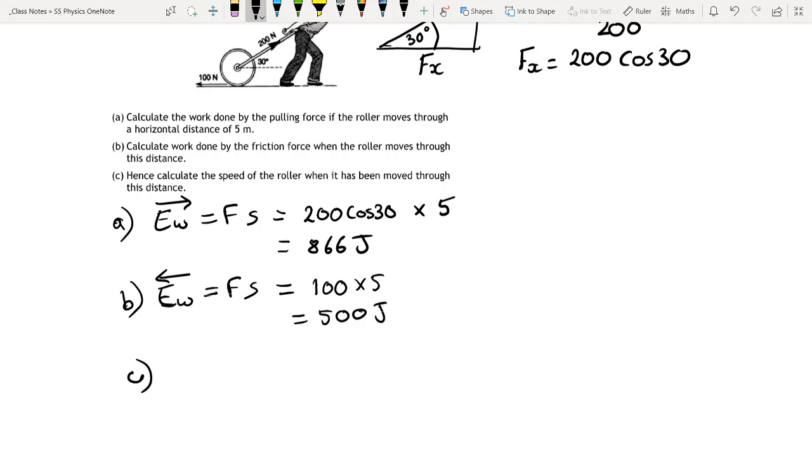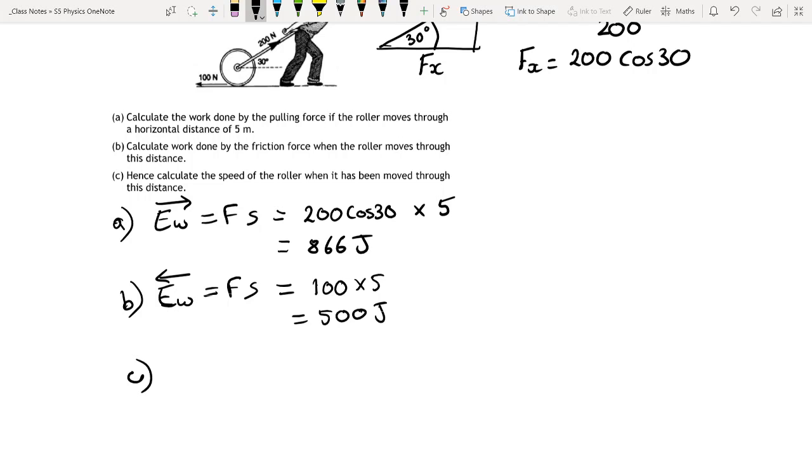And C, hence calculate the speed of the roller when it's been moved through this distance. So basically what we want to know is the kinetic energy gained. He's pulling it forward and giving it energy of 866. However, it's also having to expend energy of 500 joules.